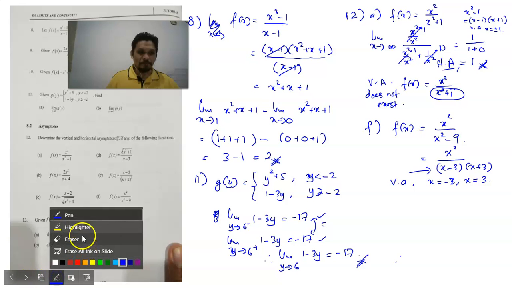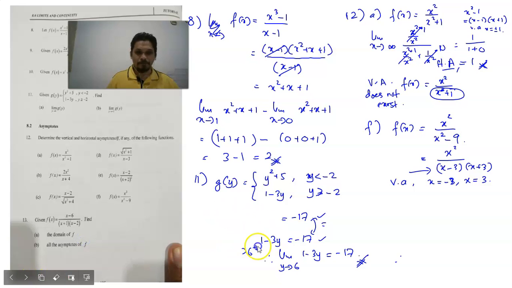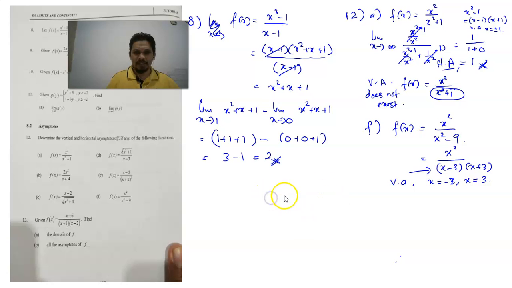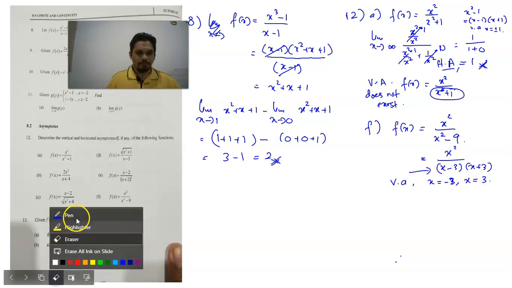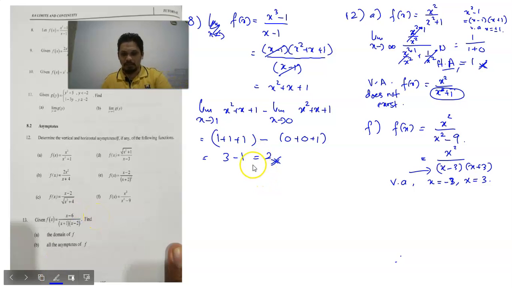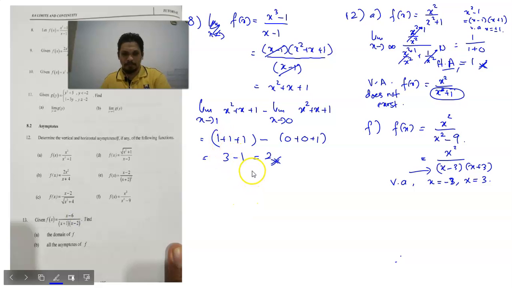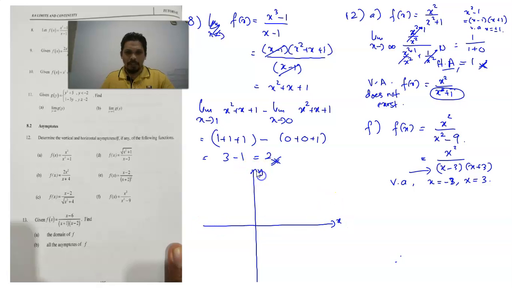So you just imagine that, x and y, and then x equal to negative 3 and x equal to 3.